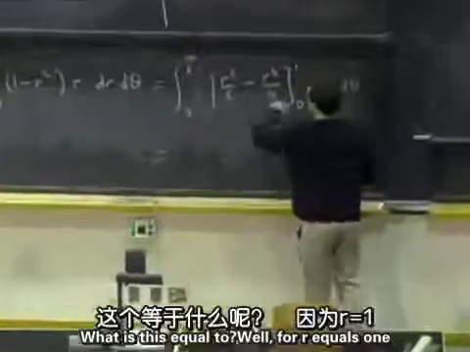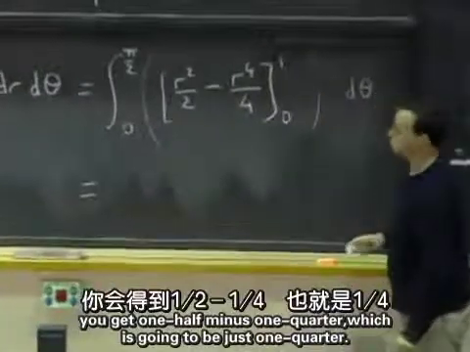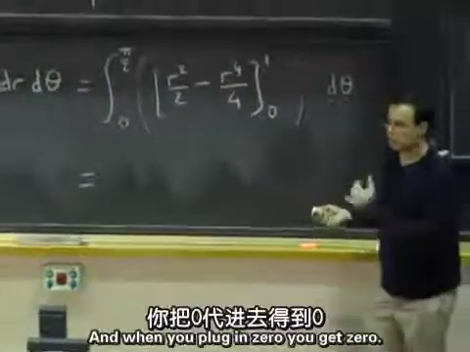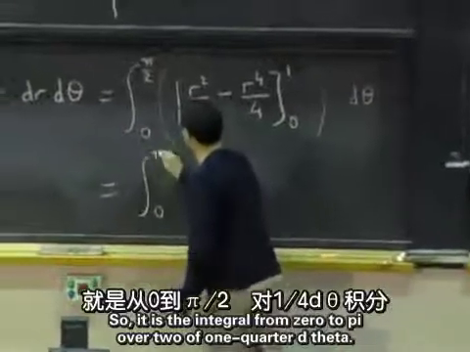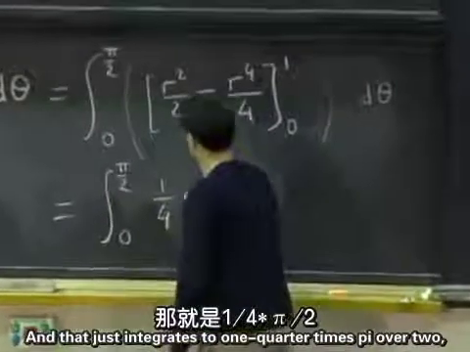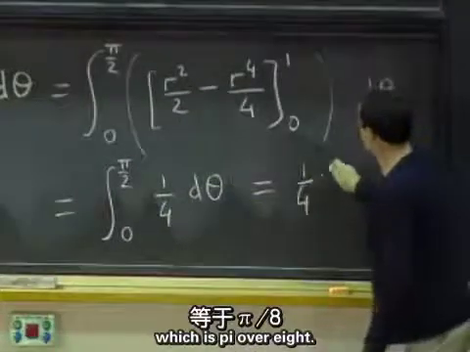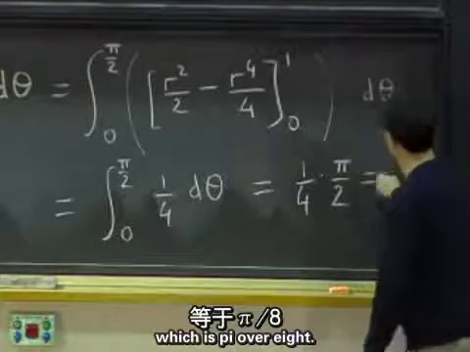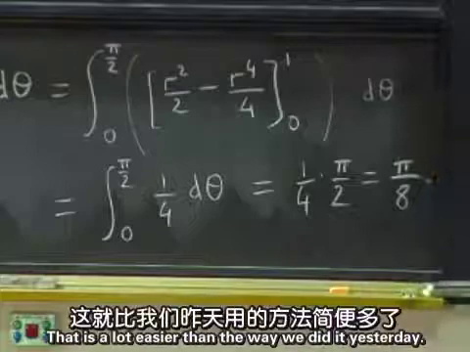So what is this equal to? Well, for r equals 1, you get 1/2 minus a quarter. That's going to be just a quarter. And when you plug in 0, you get 0. So it's the integral from 0 to pi over 2 of 1/4 d theta. And that just integrates to a quarter of pi over 2, which is pi over 8. Okay?